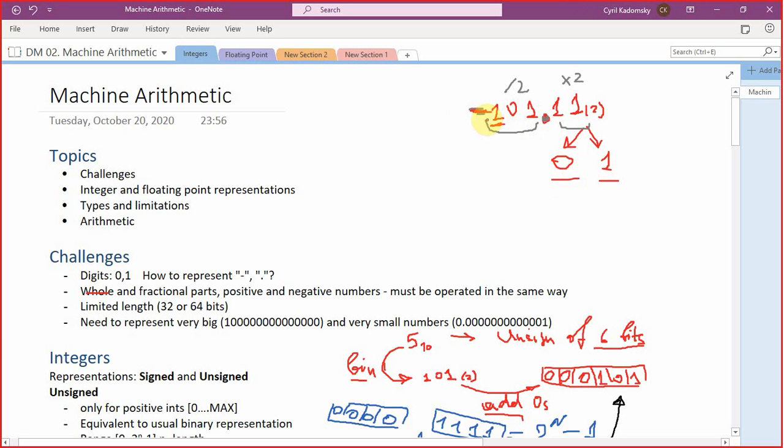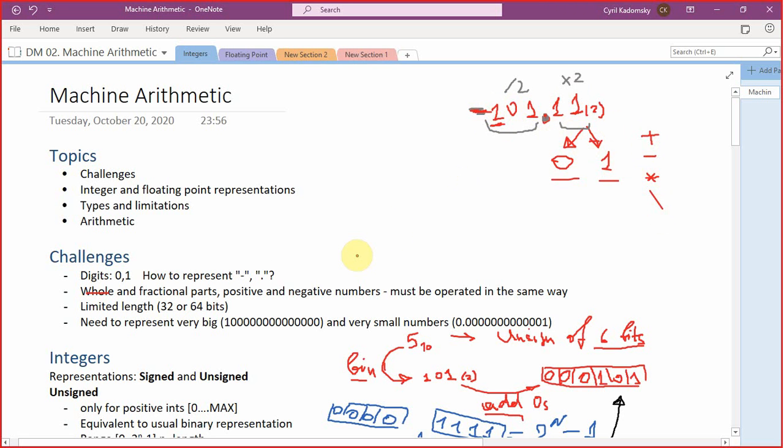The next challenge is that our encoding, that representing the number with just zeros and ones, must be quite tricky, because it must allow us to do all the operations like plus, minus, multiply, and divide very easily, and those operations must work the same for fractional and integer, negative and positive, all the different options that we can have here.